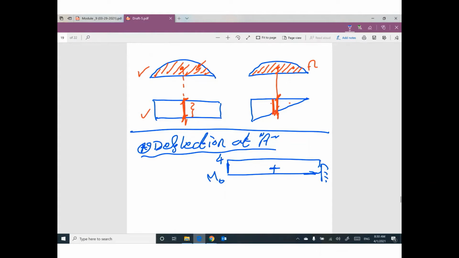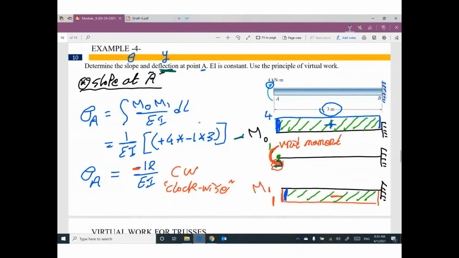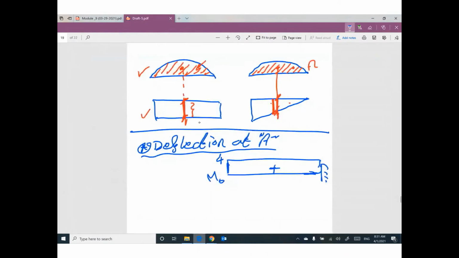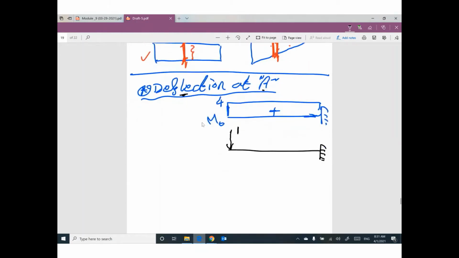This one will remain the same, M naught, because this one due to the given load will remain the same. Then I will remove everything from the beam because I'm looking for deflection at A. So at point A, I will put unit load. This time load, not moment. Unit load.